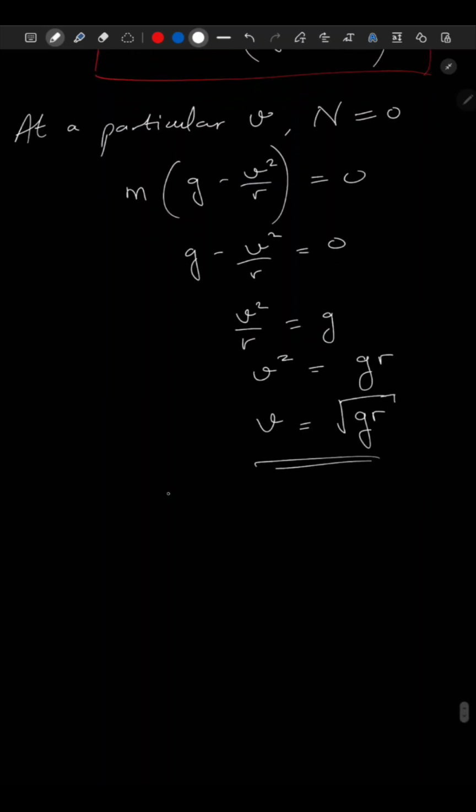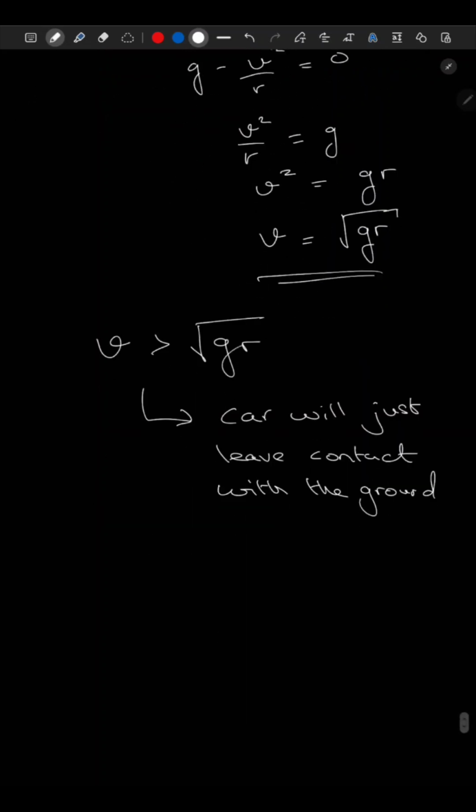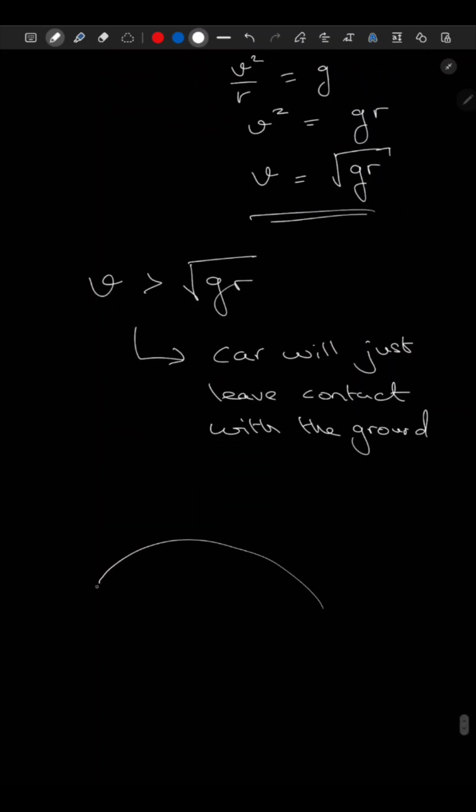If v is greater than this speed, then the car will just leave contact with the ground. Here is a bridge, so the car just flies off, leaving contact with the ground.